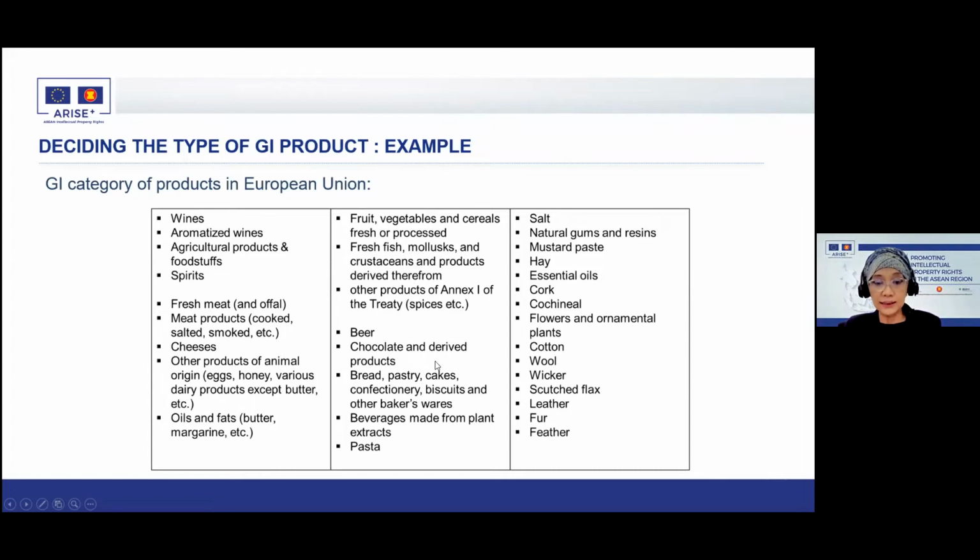Beer, chocolate, bread, pastry, cakes, confectionery, biscuits, and other bakers' wares, beverages made from plant extracts, pasta, salt, natural gums and resins, mustard paste, hay, essential oils, pork, cochineal, flowers and ornamental plants, cotton, wool, wicker, scotched flax, leather, fur, and feather.